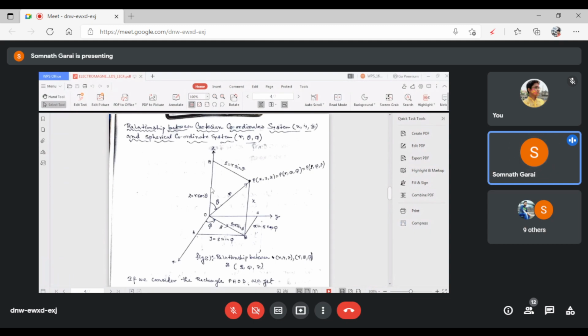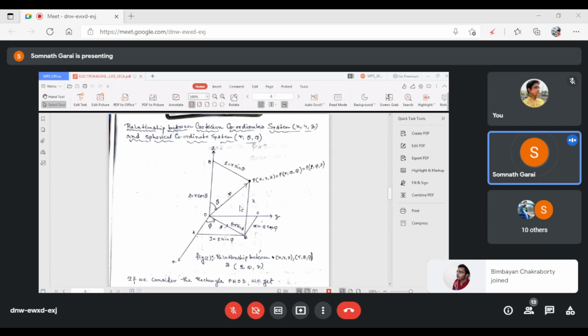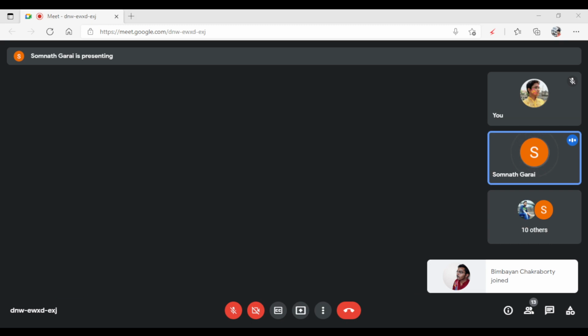And this angle is the vertical angle of the point P. That means this point P, how much angle it creates with respect to the z axis, that is theta. Okay. And the horizontal angle, that is the phi angle, right?